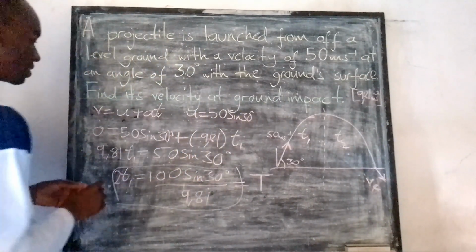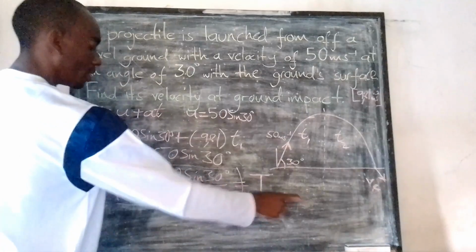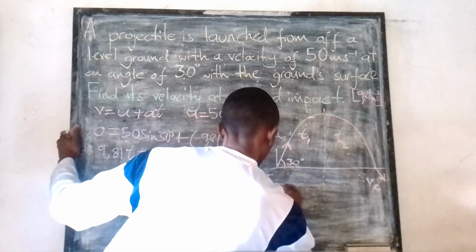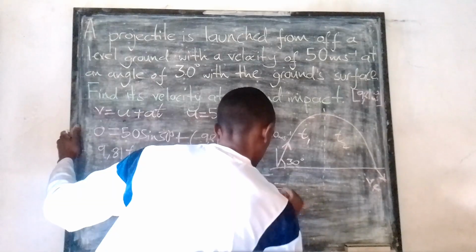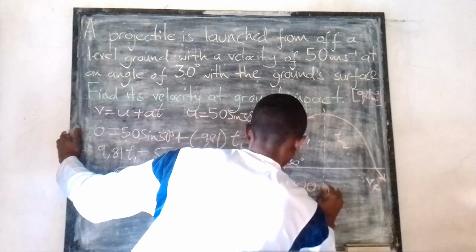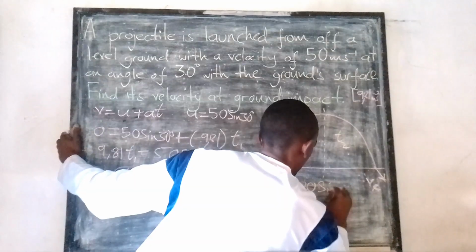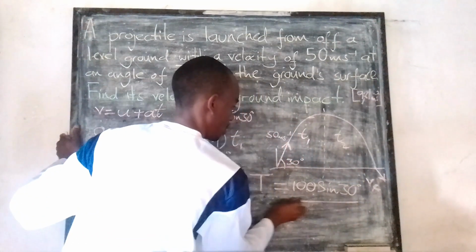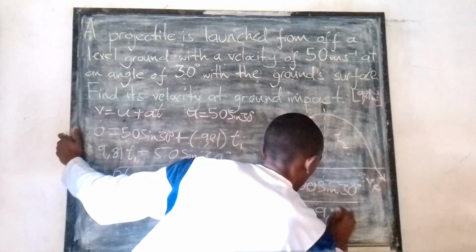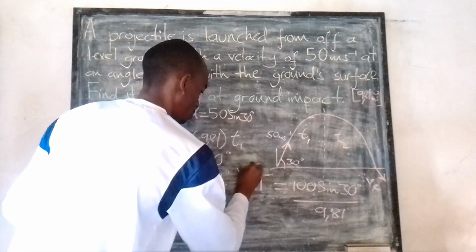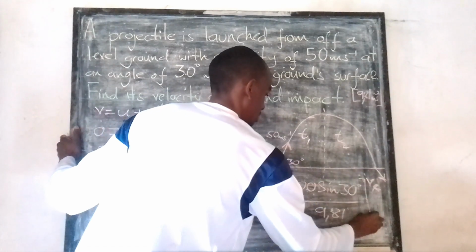So let's do that. Now I'm going to write this over here. So this is 100 sine 30 degrees all over 9.81. So this over here is our time of flight.